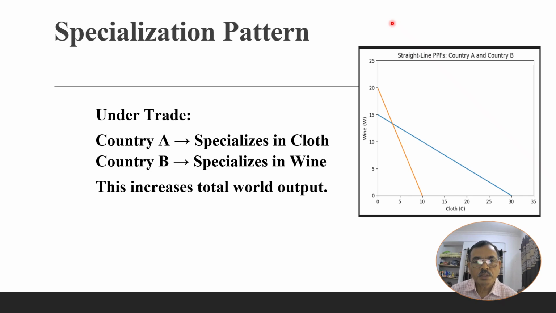And therefore, under trade, country A will specialize in cloth and country B will specialize in wine. This specialization is complete in the Ricardian model because opportunity cost is constant and the production possibility frontier is a straight line.